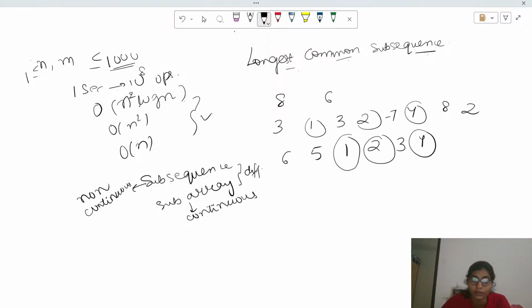So here the elements need not be continuous, and we have to find the longest common one in both. See, 3 is common, but we can't consider 3, because if we consider 3, we'll get the longest as 2 elements only. As we have to find the longest, we have to consider all the starting points, and we have to find the optimal solution, right?